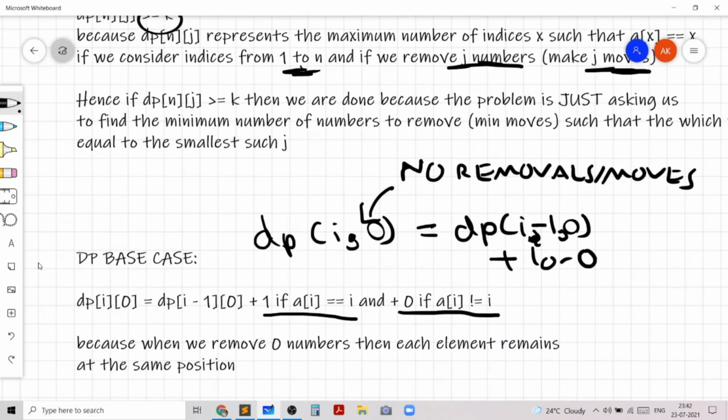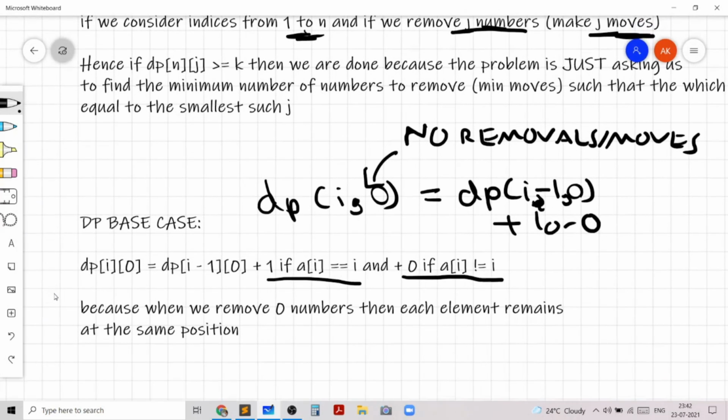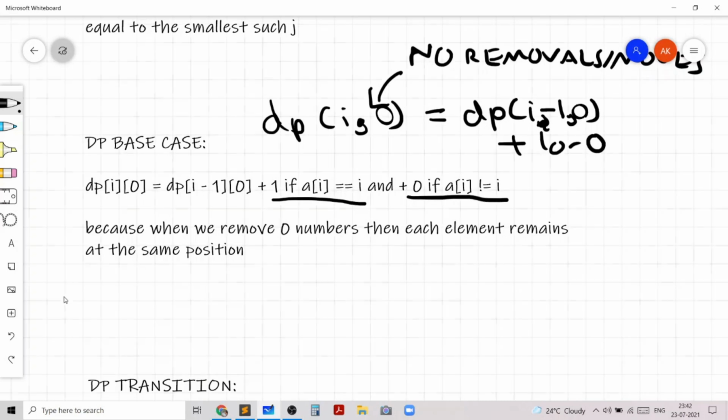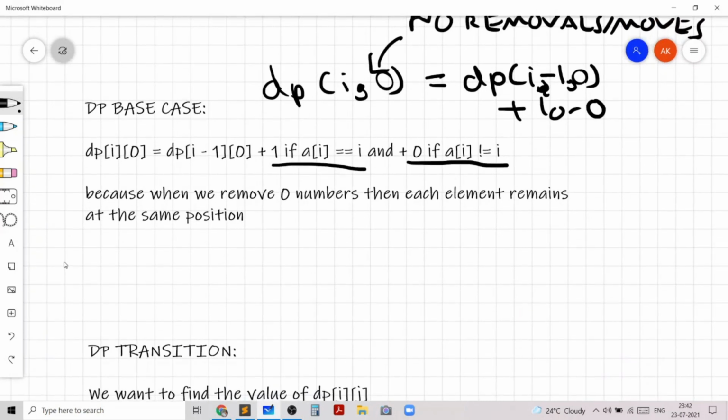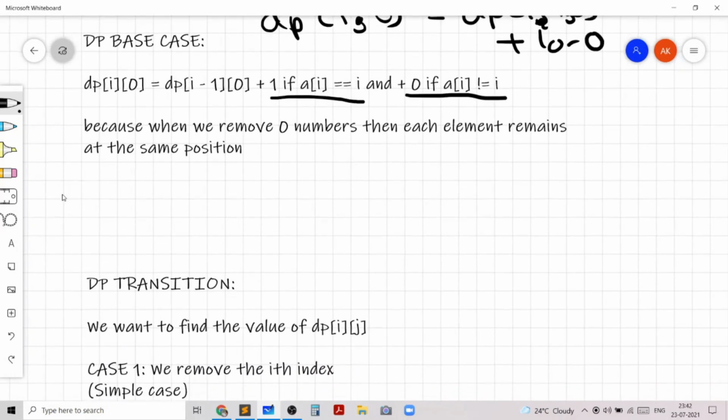It's really simple. The transition is also very simple if we do some small casework. There are two cases to consider in our transition. The first case is that we remove the ith index.